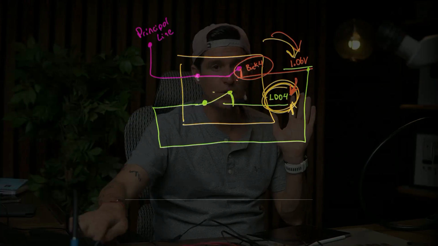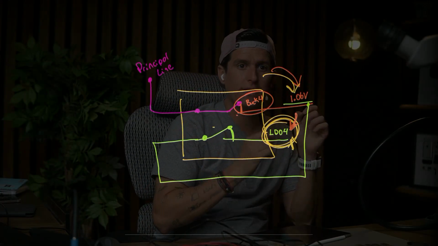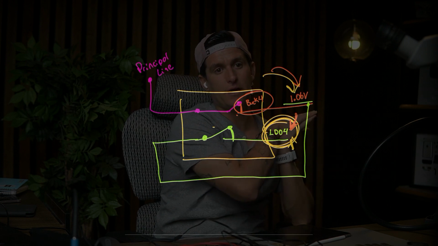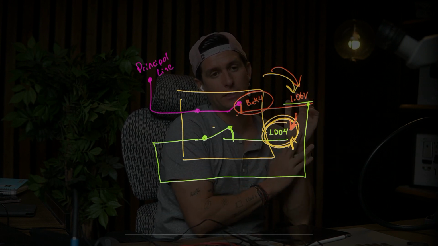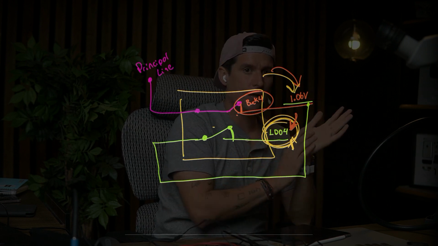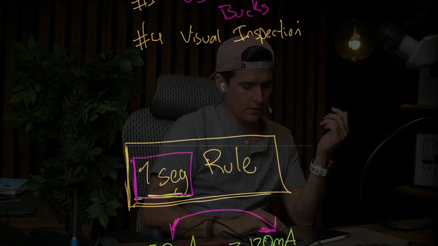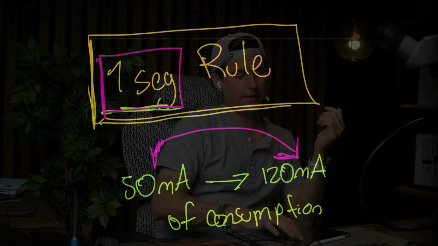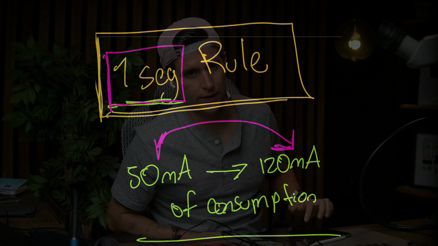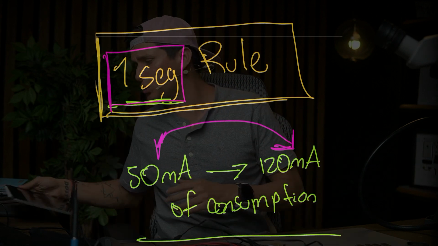Okay, so in this video we learned about the bucks, how the bucks are forming, how the LDOs are forming, what is a buck, what is an LDO, and we learned the 1 second rule, right? The 50 milliamps to 1 kilo milliamps.